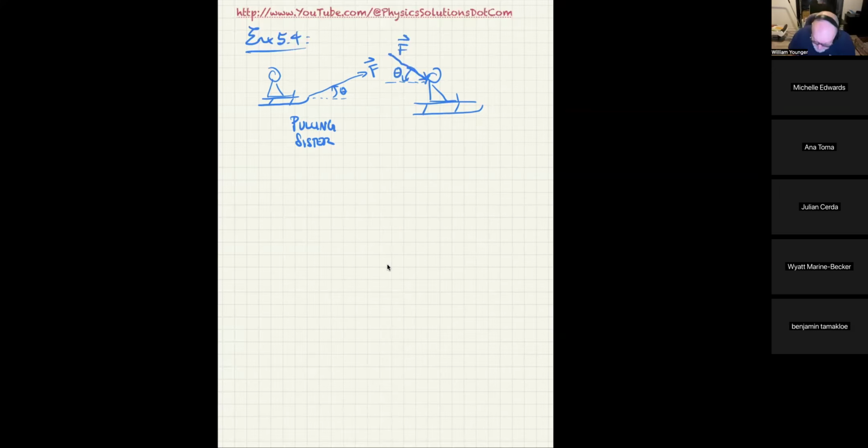Now, can anybody tell me which one of these scenarios, the pushing your sister or the pulling the sister, which one's going to result in a larger normal force? Anybody guess that one?